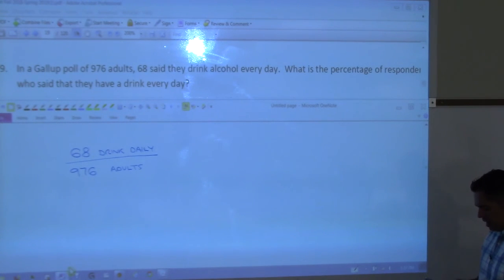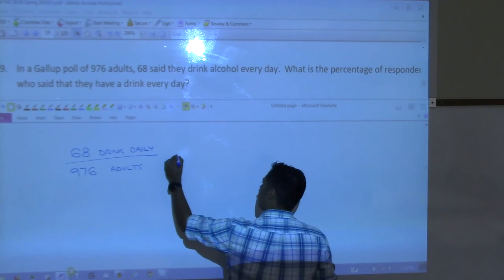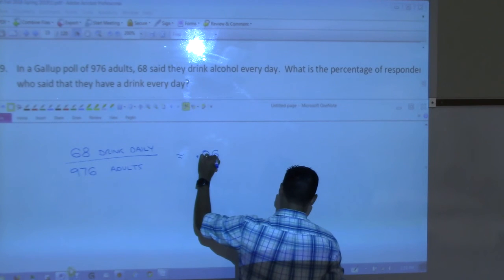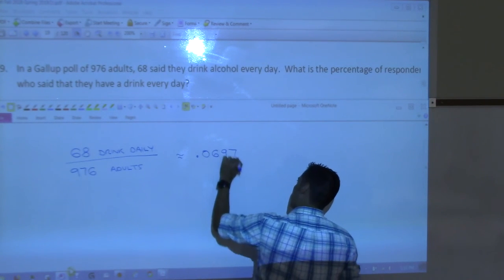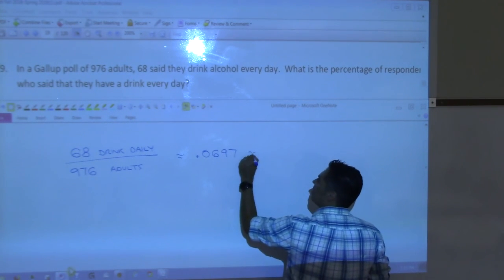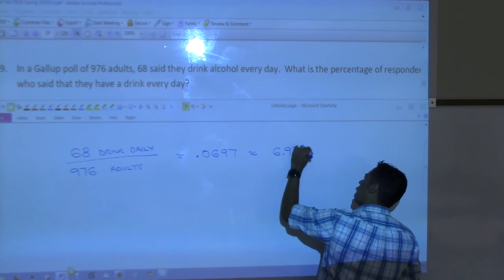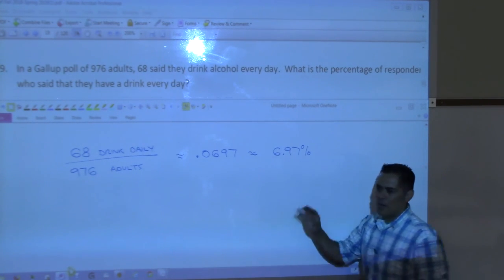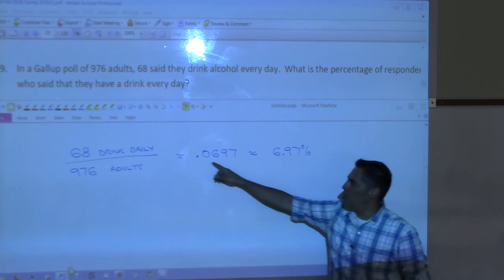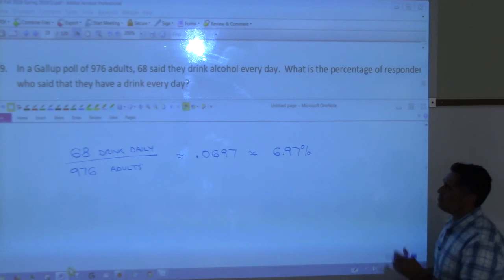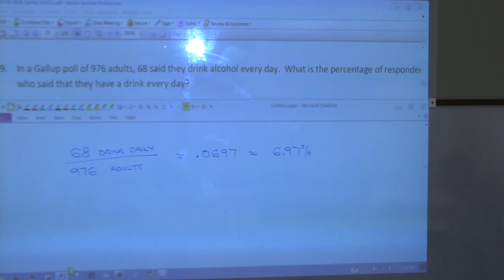So we don't want to overcomplicate the problem. This turns out to be approximately 0.0697, approximately 6.97%. And on your test, I'm not going to be real big on the rounding. If you want to round that to like 0.07, and say 7%, I'd be happy with that.